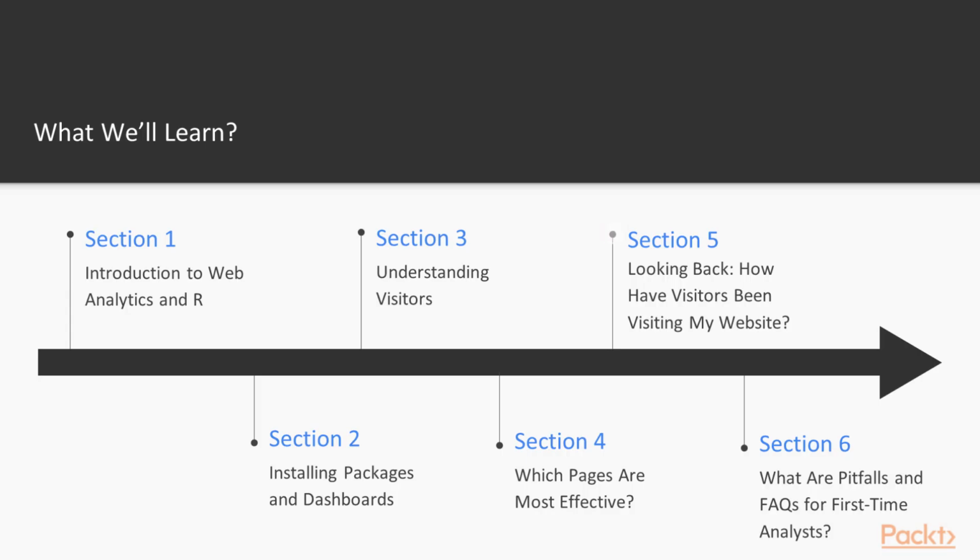In section 5, we're going to take a step back and look a little bit more long-term when it comes to our website. And so what we'll do there is we're going to take some of the metrics and the analysis that we explored in sections 2, 3, and 4 and see how they can be used to compare our short-term performance of our website with the long-term performance of our website.